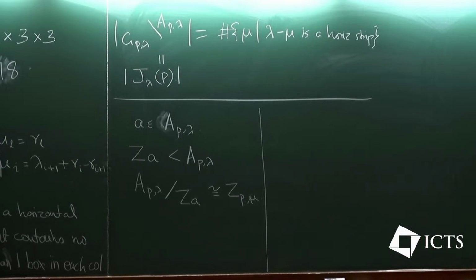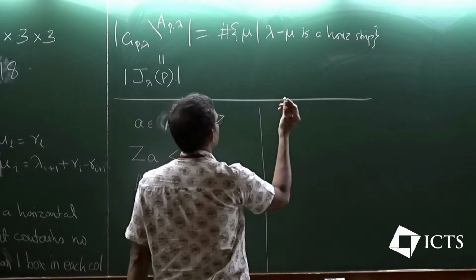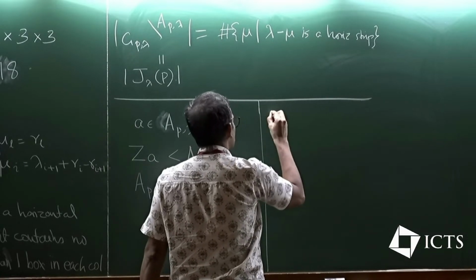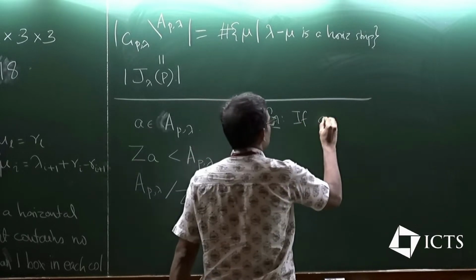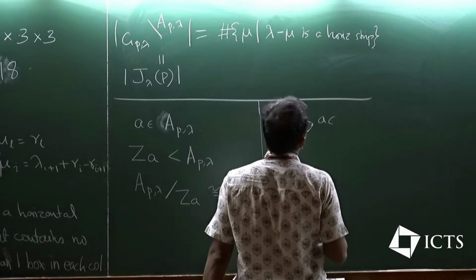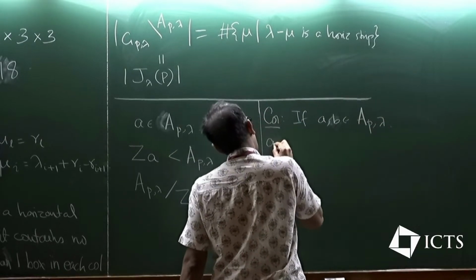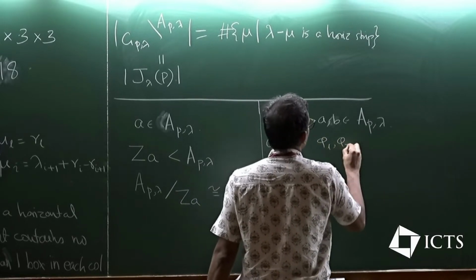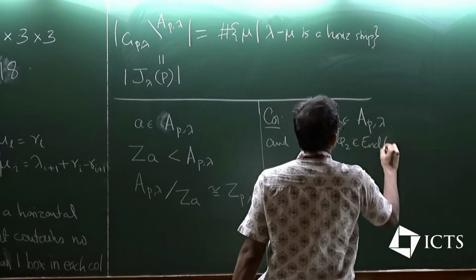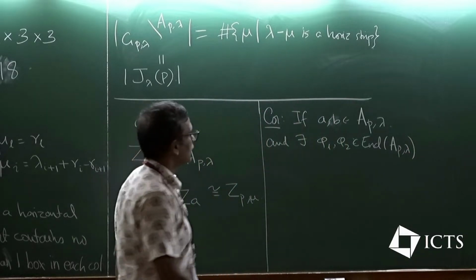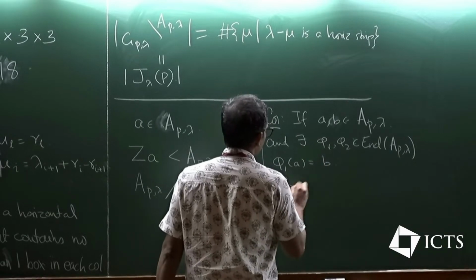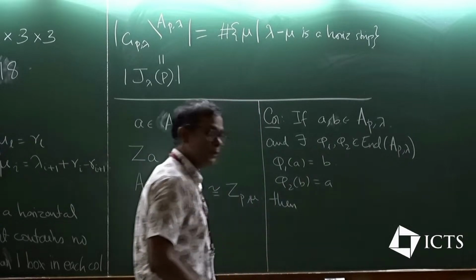But I just want to pause for a minute here and make a few remarks. So one thing that we noticed here is that a corollary of this result, this bijection, is worth noticing, is that if we have two elements A and B in the same group AP lambda, and there exist phi1 and phi2 automorphisms of AP lambda, not automorphisms, endomorphisms, such that phi1 of A is equal to B and phi2 of B is equal to A, then A and B are actually in the same orbit.